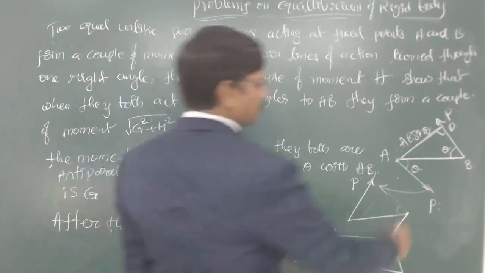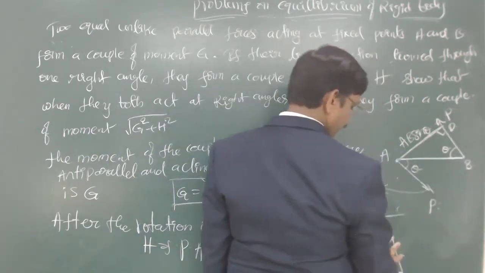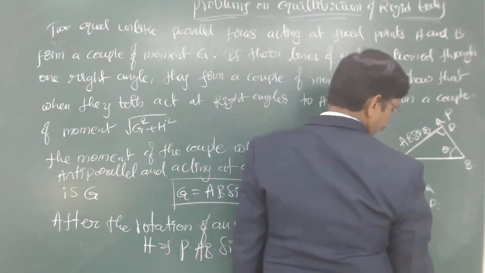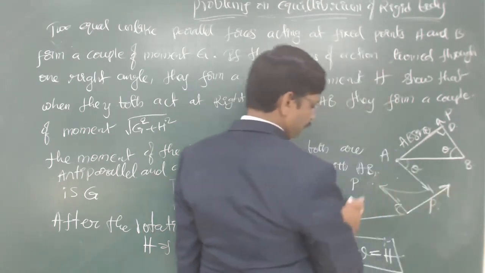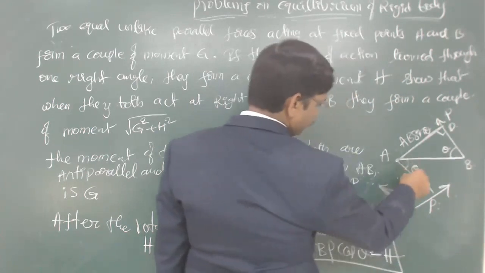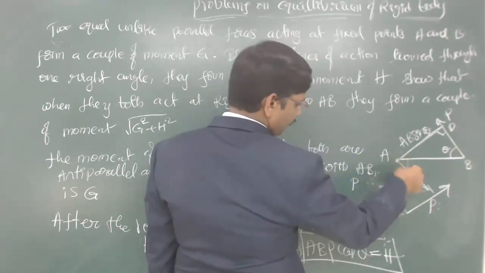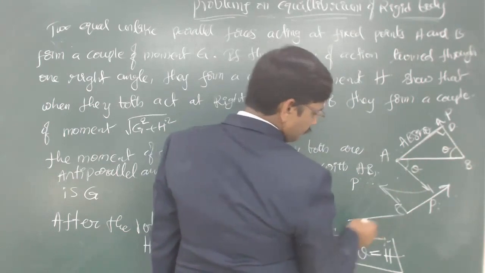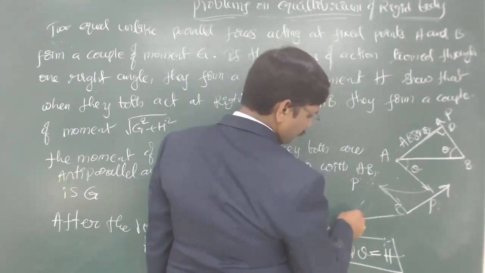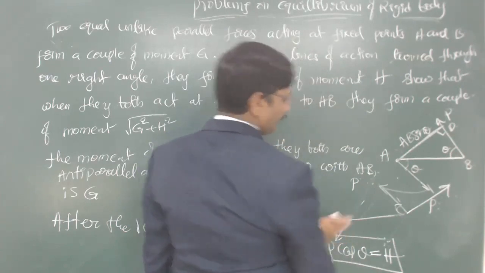So if this diagram rotated in the other direction, we take it. If this is theta, and from here we take 90 degrees like this. So this is theta, and this rotates by an angle of 90 degrees. Like this it will come. Okay, I will just draw here.